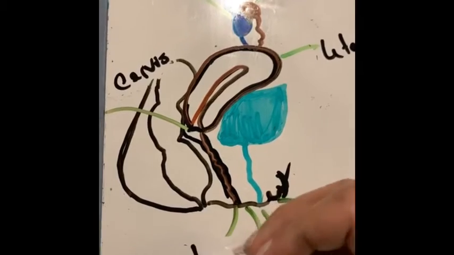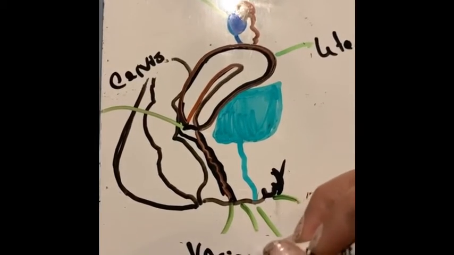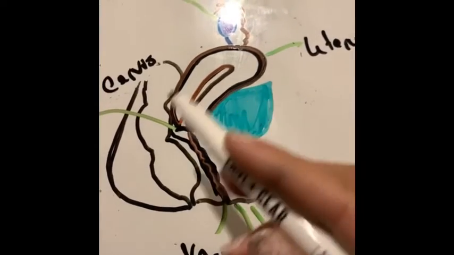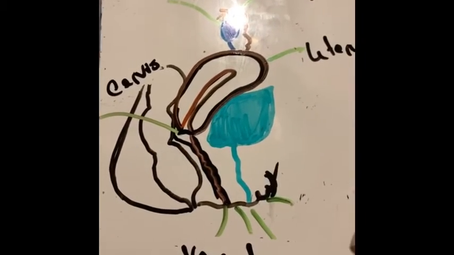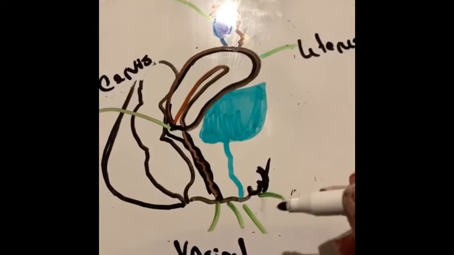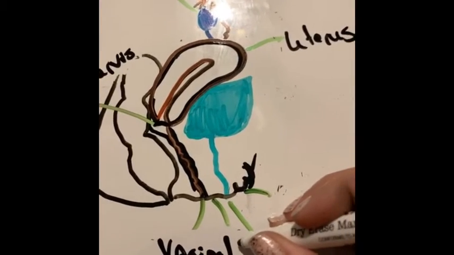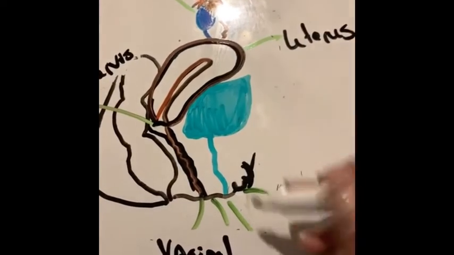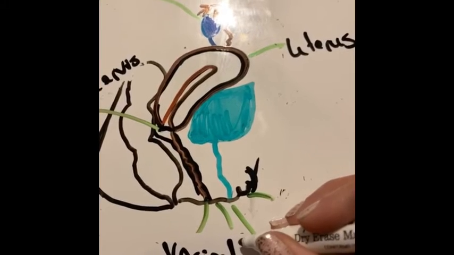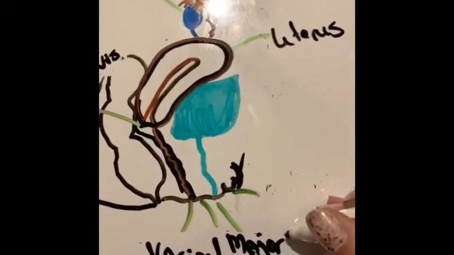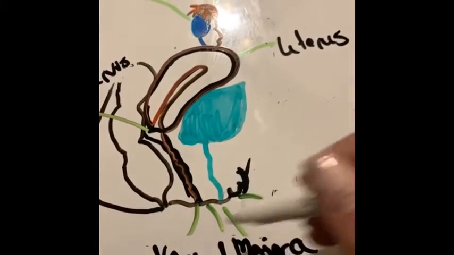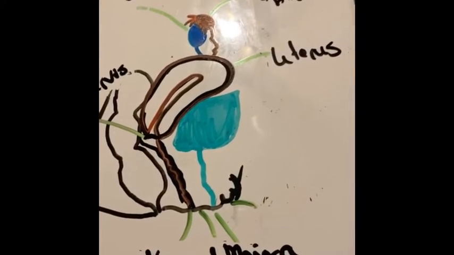So here we have the actual vagina, which of course is the canal the baby goes through to be born. You have the urethra, of course, coming up here from the bladder. And then you have your labia majora, which protects the reproductive organs.